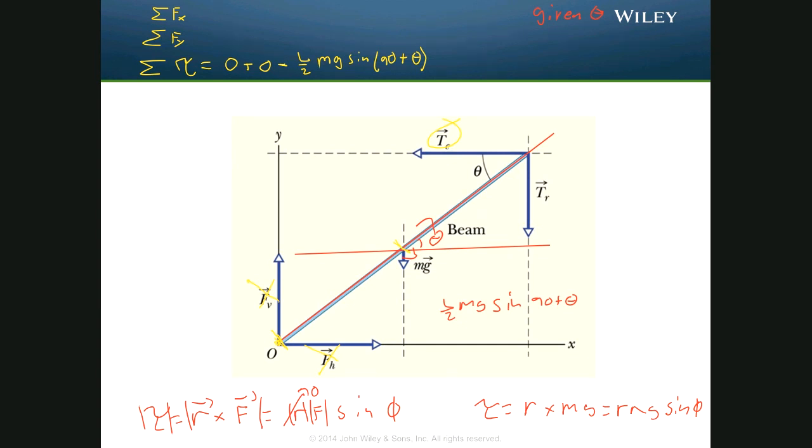So when we go up here to our end point, we'll notice that we have two torques to look at.